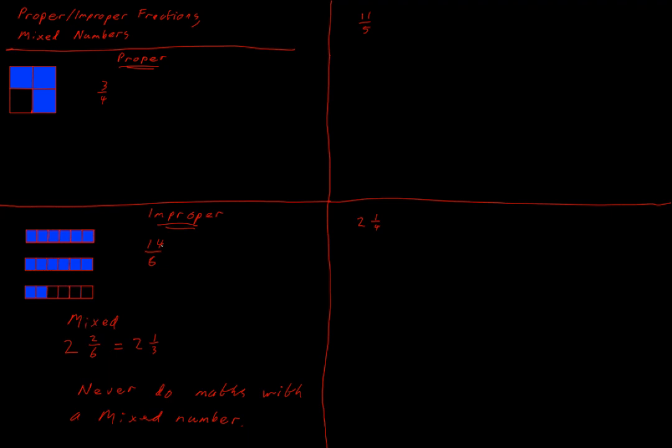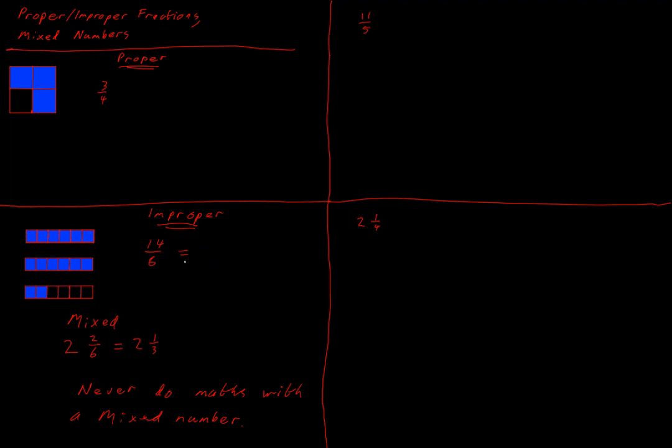So let's start with improper fractions. How would we turn that into a mixed number? Well, what I want to know is how many complete units there are for my whole number that I want. Well, that means I'm looking for how many times 6 is going to go into 14.